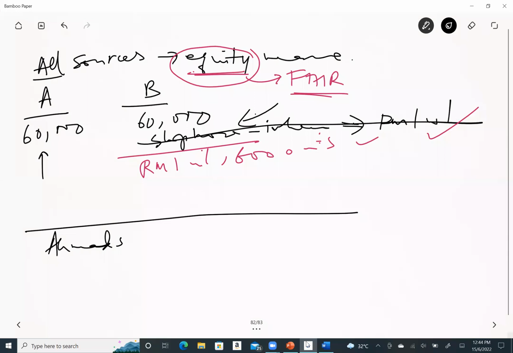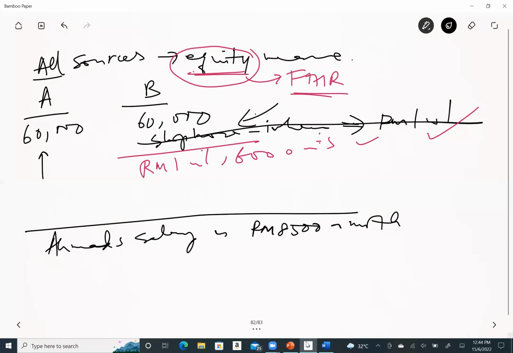I thought it was per month, but actually that is for the year. So Ahmad's salary is say RM 8,500 a month. Because what I gave you is salary for the year, that is already a year, so you don't have to do anything. 85,000 per year, so 85,000.